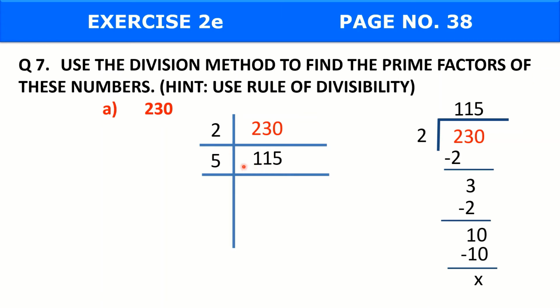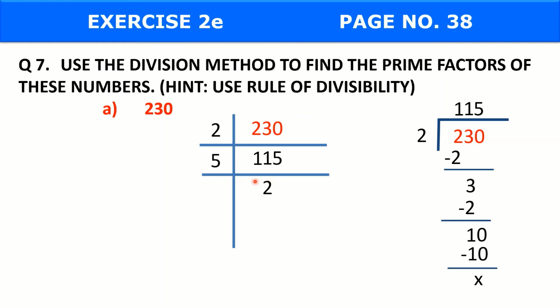Consider the first digit, which is 1, and divide it with 5. We cannot divide 1 by 5, so consider first two digits, which is 11, and divide it with 5. We know that 5 times 2 is 10. Be careful about the placement of 2. 2 will come under 1 at 1's place.